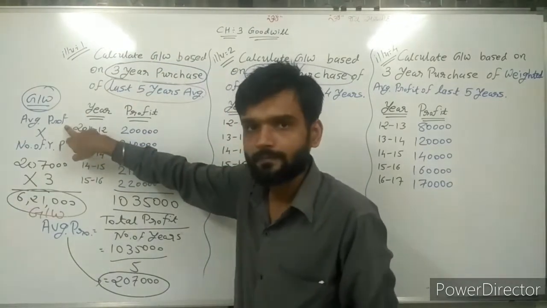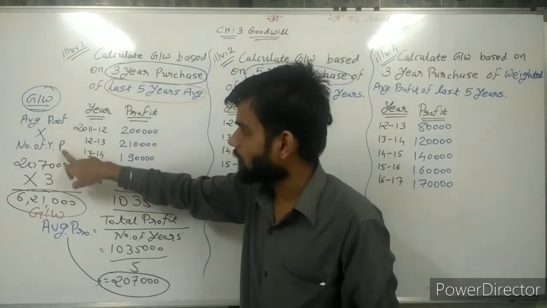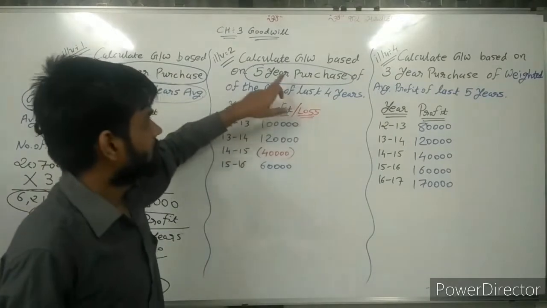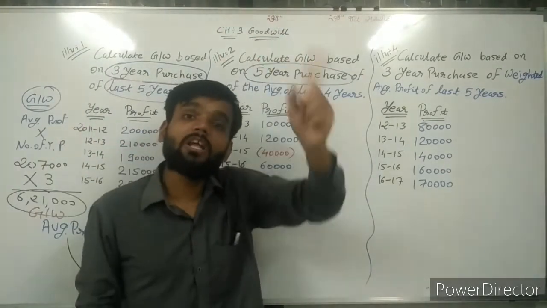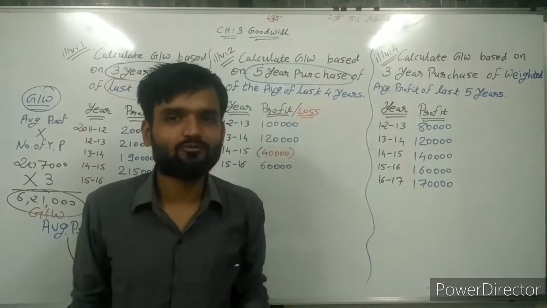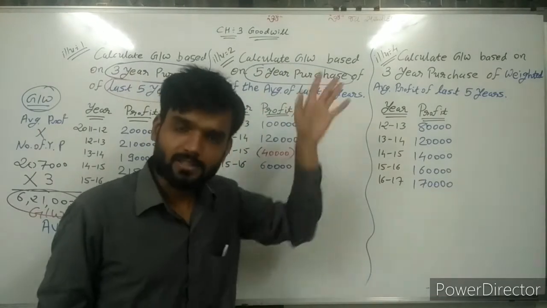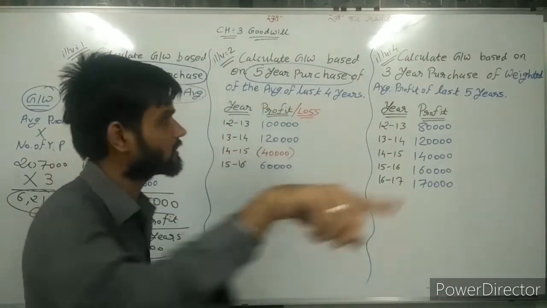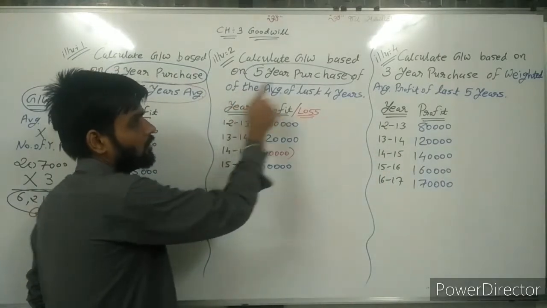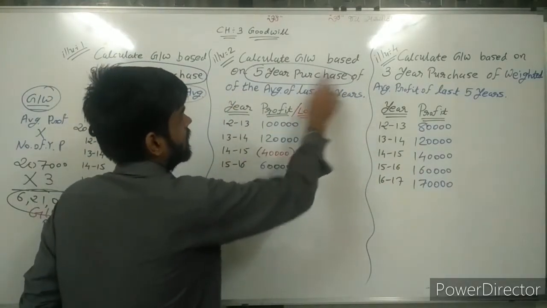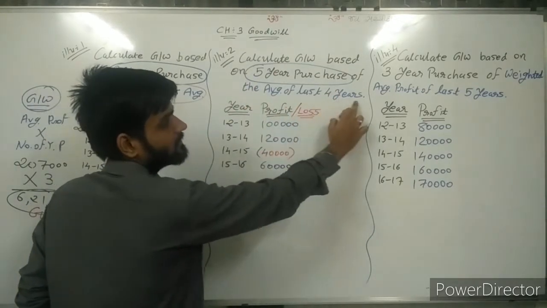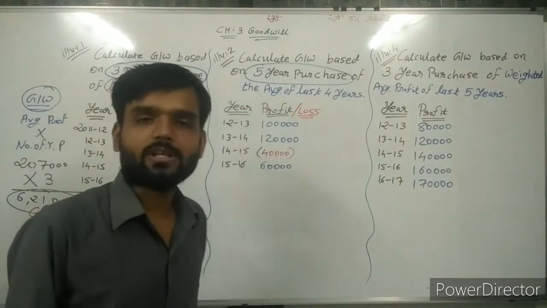Like in the 3-year purchase, average profit into number of years purchase 3, the same way here, 5-year purchase, so average profit multiplied with 5. First of all we need to find the average. Average of what? Here it is given: 5-year purchase of the average of last 4 years.